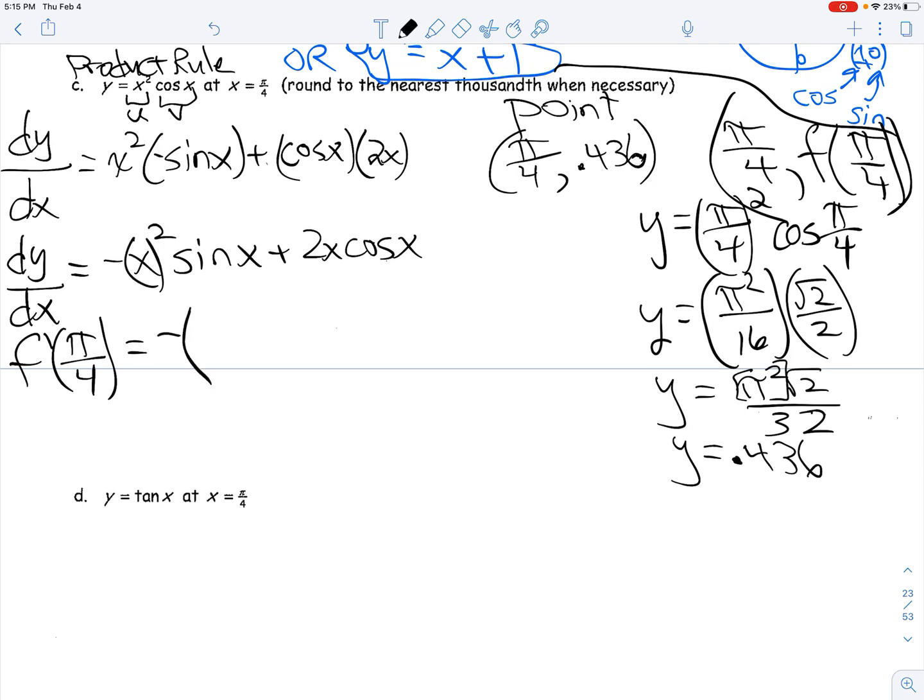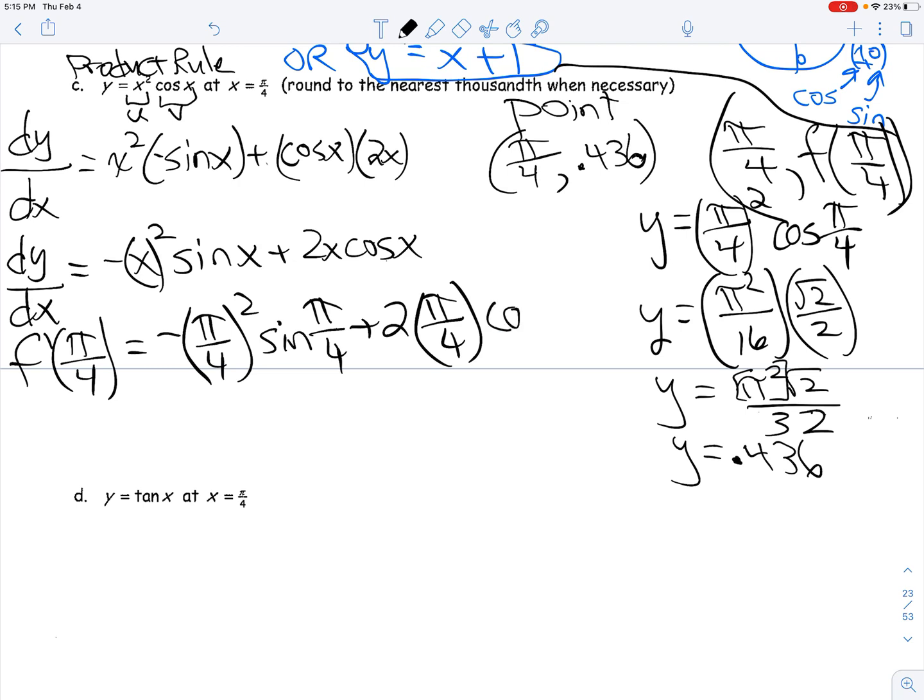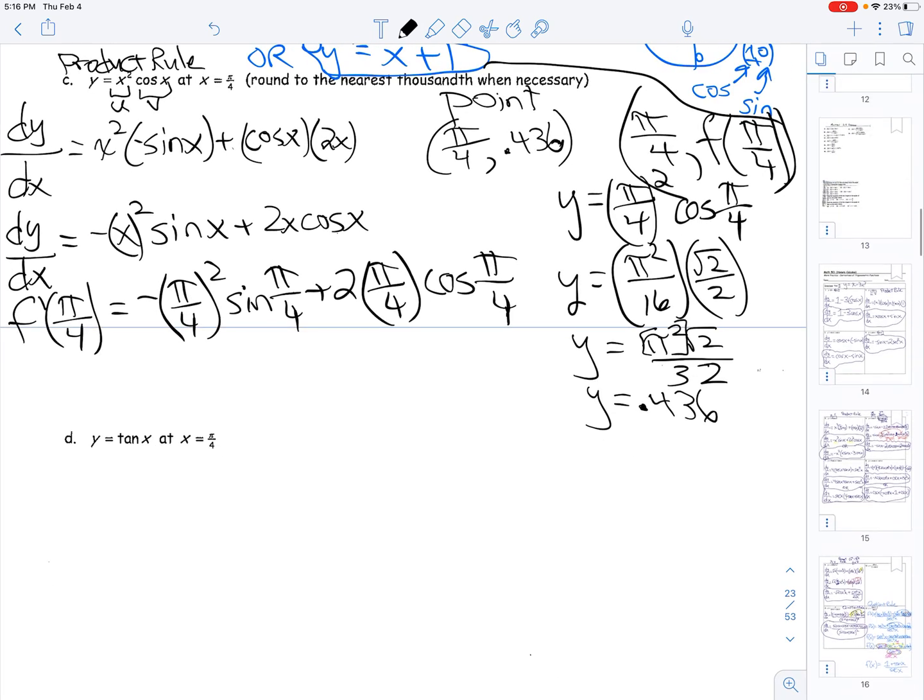So let's put in f prime of pi over 4. This looks like another messy one. It's going to be negative, parentheses, because we're plugging in for x, pi over 4 squared, sine pi over 4, plus 2 times pi over 4, cosine pi over 4.